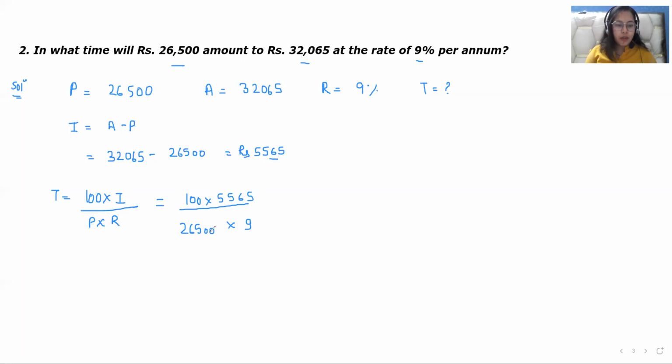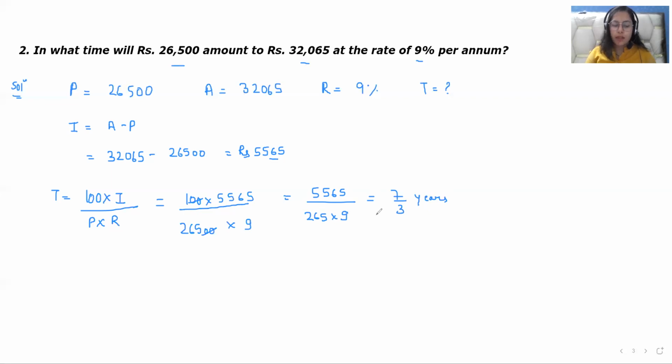So we eliminate the 2 zeros with the 2 zeros of 100. So what is left? 5,565 over 265 multiply 9. After solving this, we get 7 by 3 years.